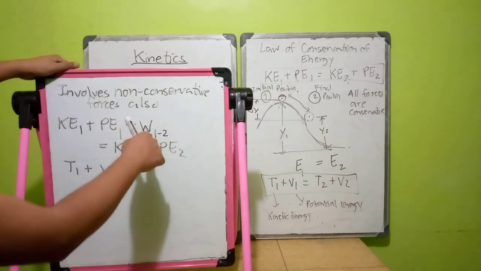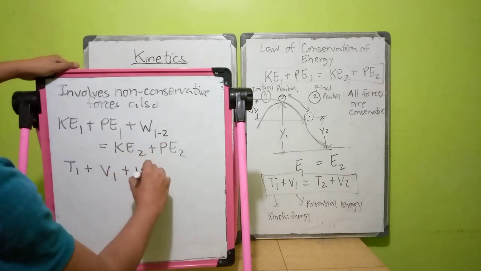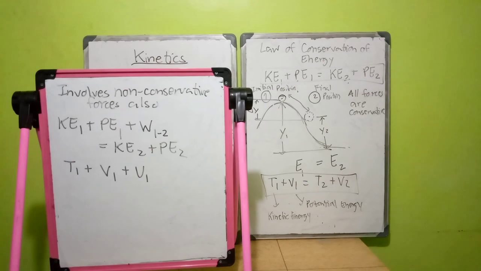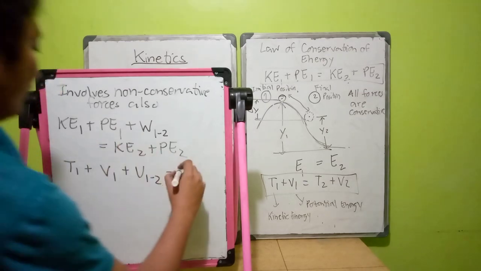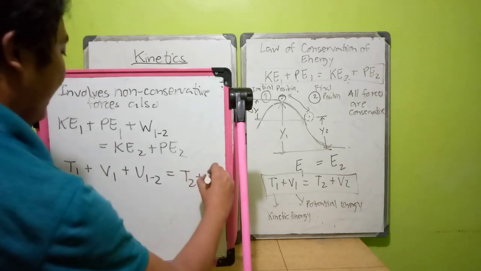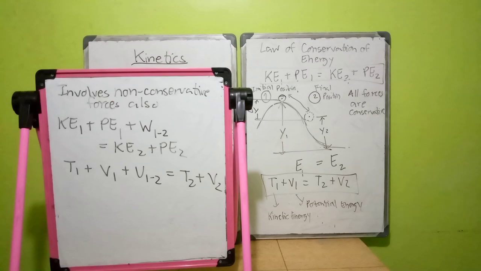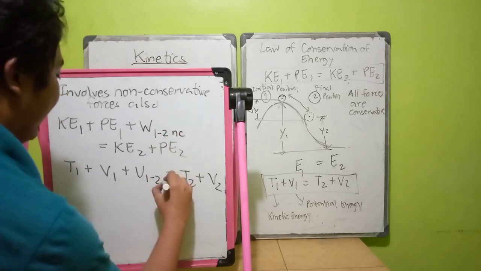And instead of W for work, we use U, or U sub 1 to 2, which is equivalent to T sub 2 plus V sub 2. So please take note, I will just put NC here, NC.